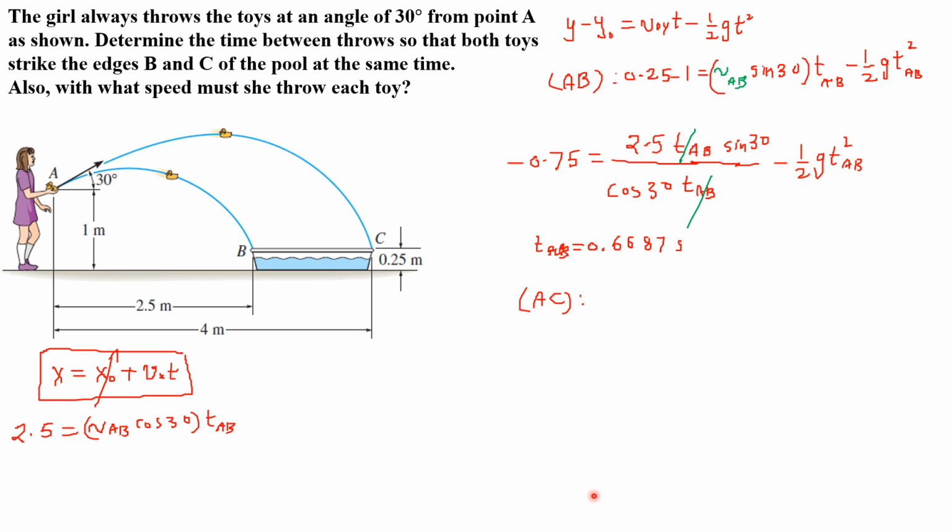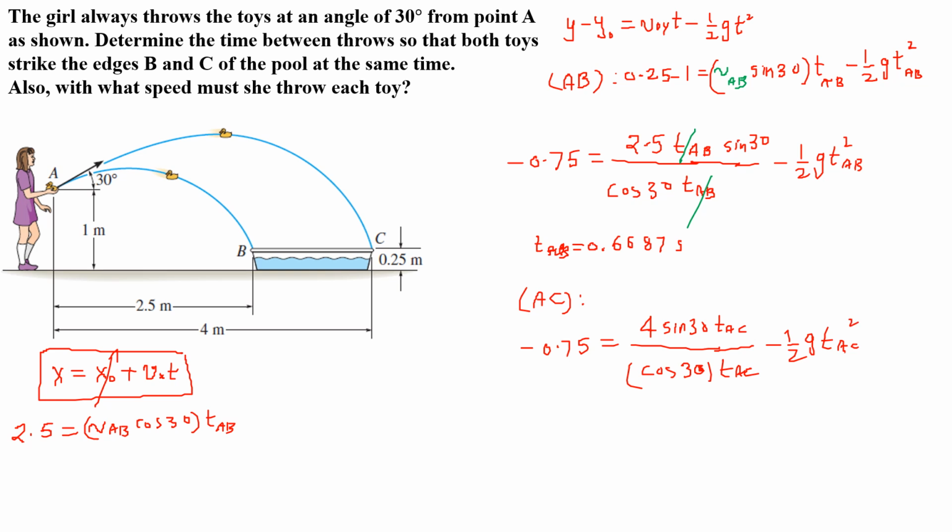We have the same vertical heights, so negative 0.75 equals 4 sine 30 TAC over cosine 30, minus half g TAC squared.